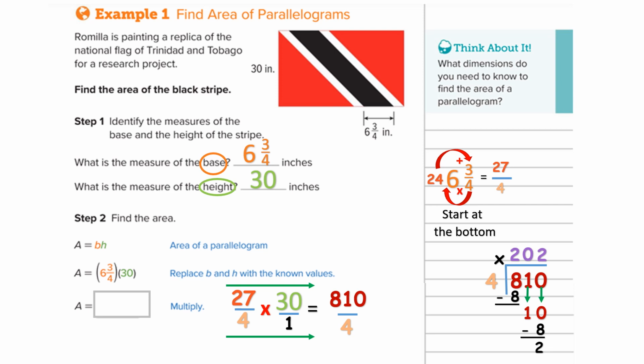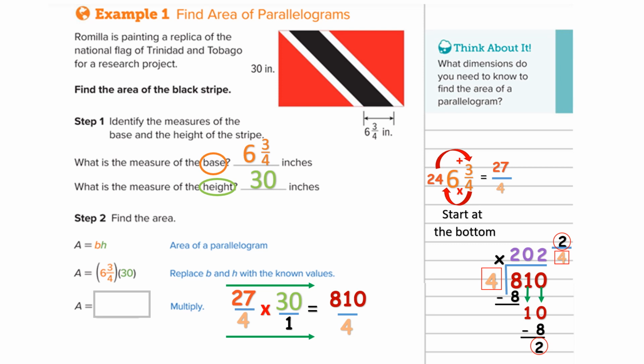Since I started with a fraction in my first number, I'm going to end with a fraction as well. So keep in mind how we create that remainder as a fraction. My remainder itself is my numerator, always and forever. So that's a 2. And my denominator, or my divisor, the one on the outside, is going to be my denominator.